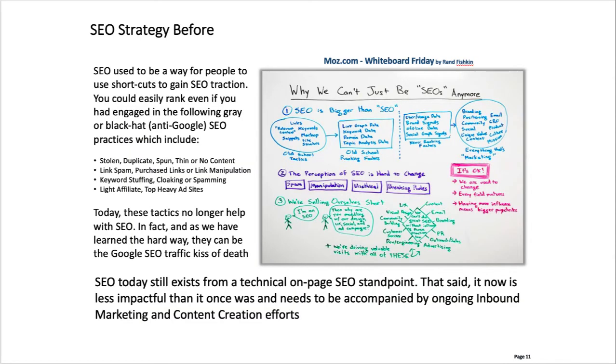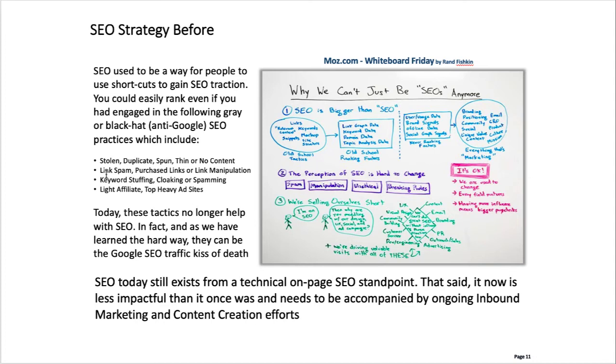The SEO strategy in the old times used to be that people used a lot of shortcuts to gain SEO traction, such as a technique called keyword stuffing, which means that they will put a lot of keywords all over their website. But today, those techniques no longer help with SEO.